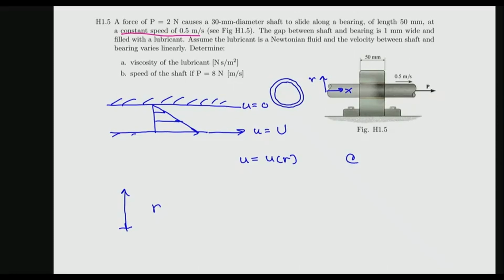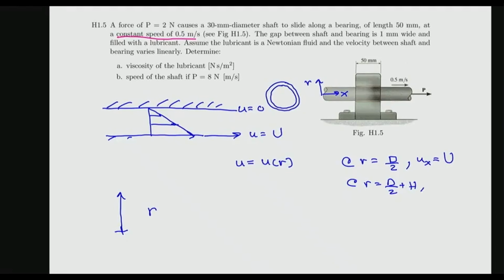So the boundary conditions that have to be met: at r equal d over 2, d the diameter of the shaft, u of x is equal to big U, and at r equal d over 2 plus h, the bearing surface, u of x is equal to 0, right?